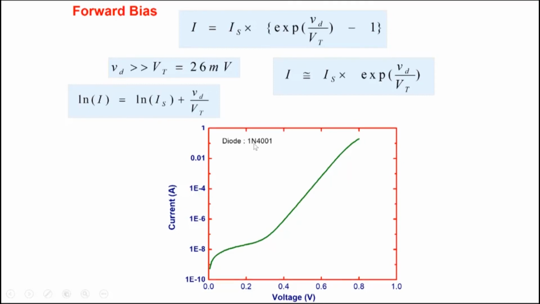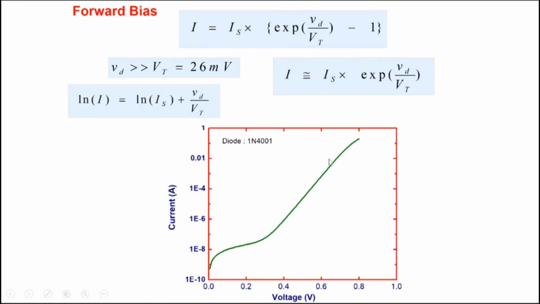There are hundreds or even thousands of different kinds of diodes available, and each one of them has a particular number attached to it and its own unique characteristics. If we take the 1N4001, measure its IV characteristics, and plot it on a log scale for current and linear scale for voltage, this is how it looks.